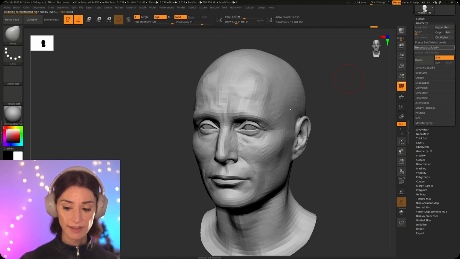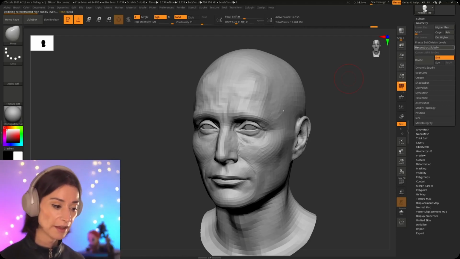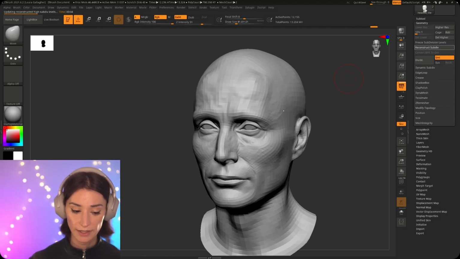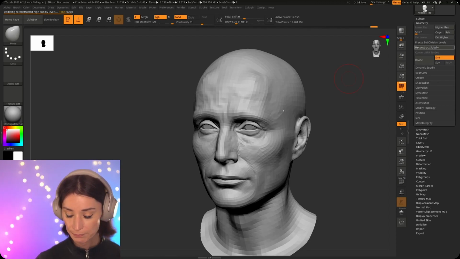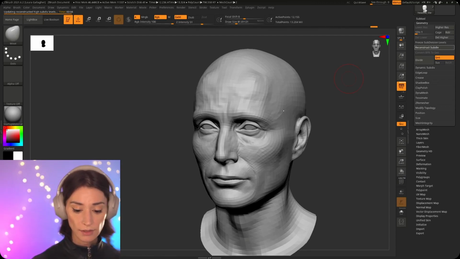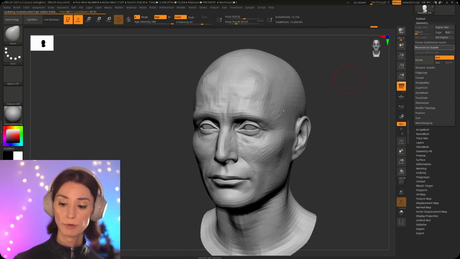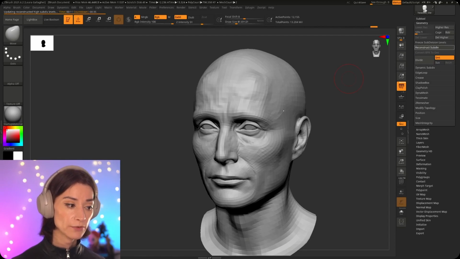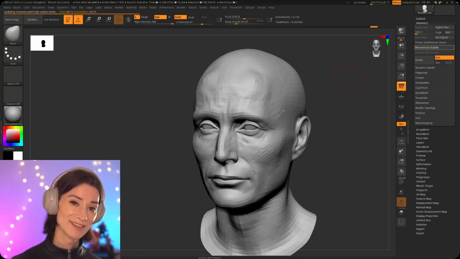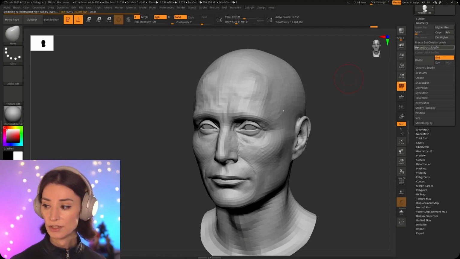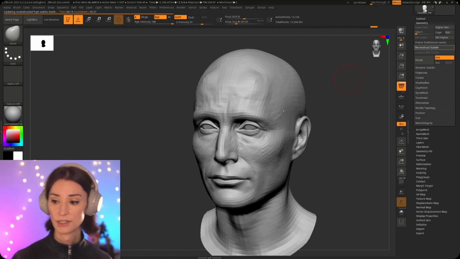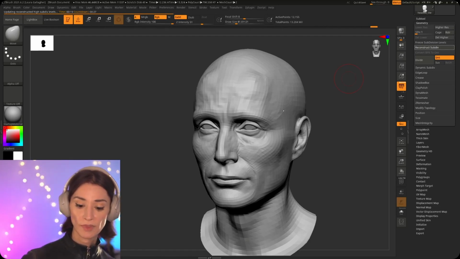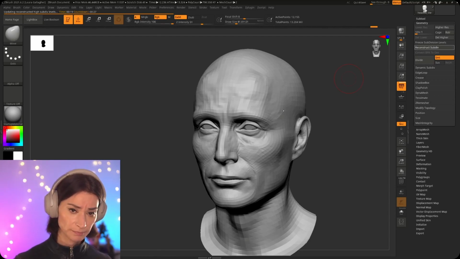It's very useful in certain cases. Let's say that you have started sculpting on a head like this, that is in subdivision mode. And that at some point, perhaps something else happened to you. You inadvertently pressed Shift X on your keyboard, and now you have suddenly turned off symmetry.